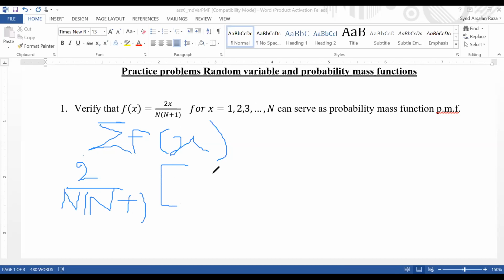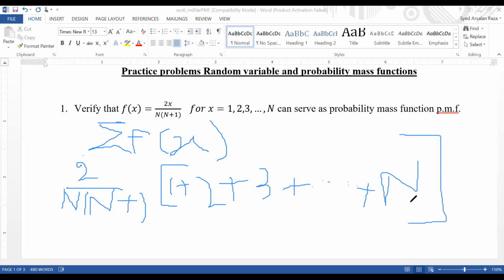Summation x means, when you put the value 1, 1 plus 2 plus 3 plus 4 plus so on, up to the last value n. So when you put the last value as n, then this total will be represented as this bracket.